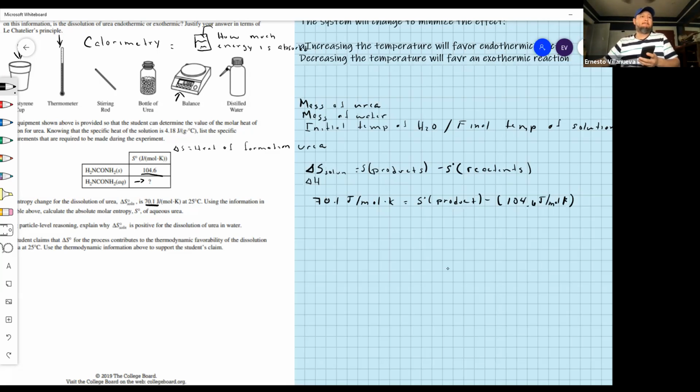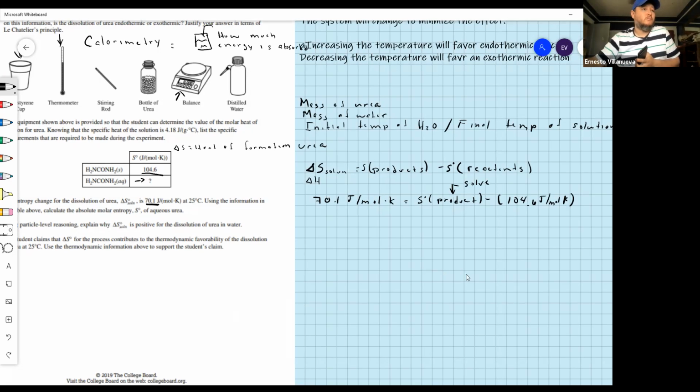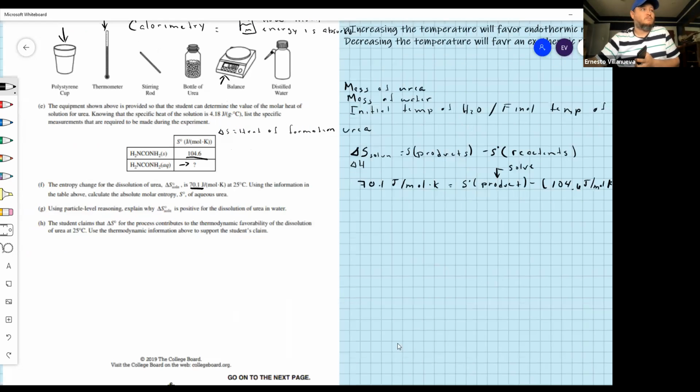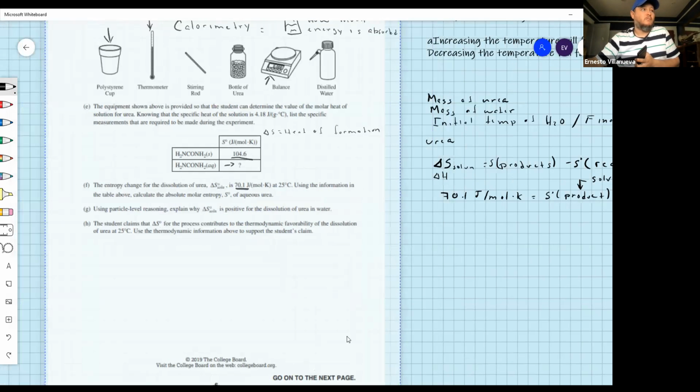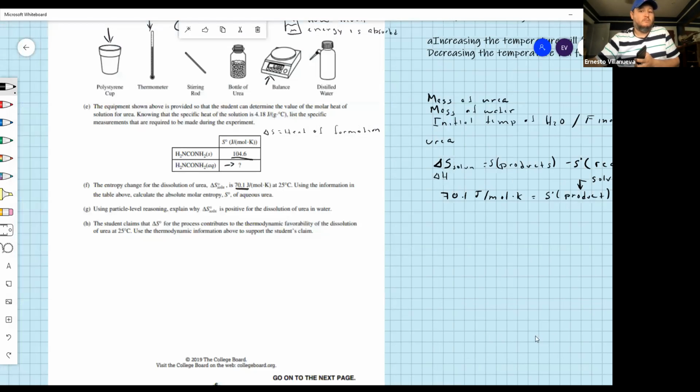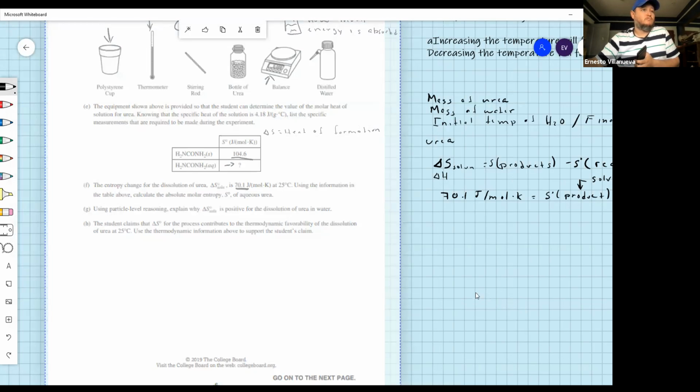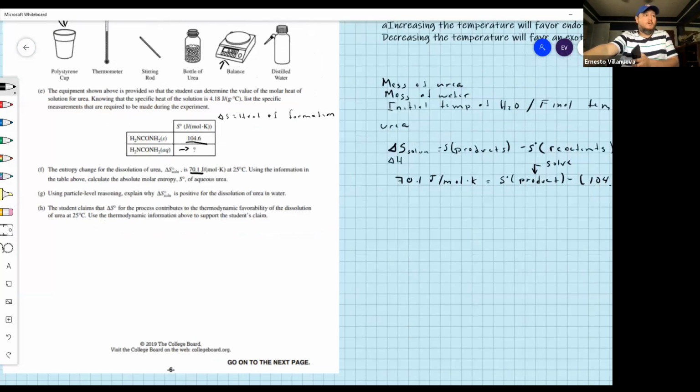Solve for this guy. When you have an answer, let me know.